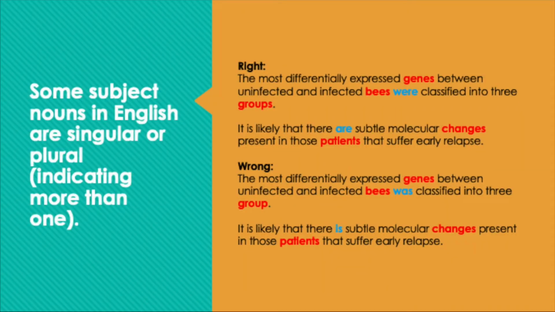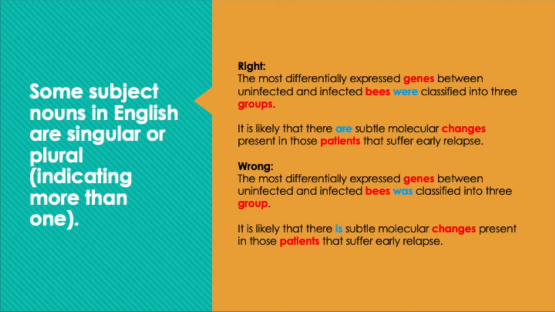Now if we look at that first sentence in the wrong category, what it says now is the most differentially expressed genes between uninfected and infected bees was classified into 3 groups. So there are 2 plural mistakes in this sentence. The first one is that we have a plural noun, genes, and then we have the singular verb, was.